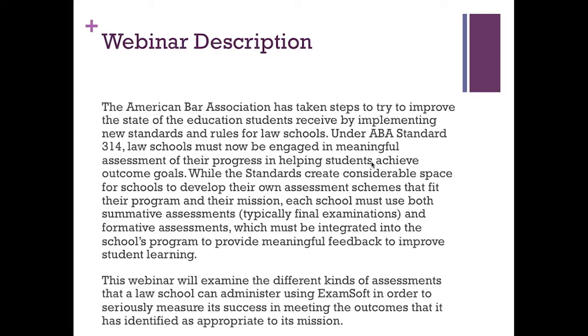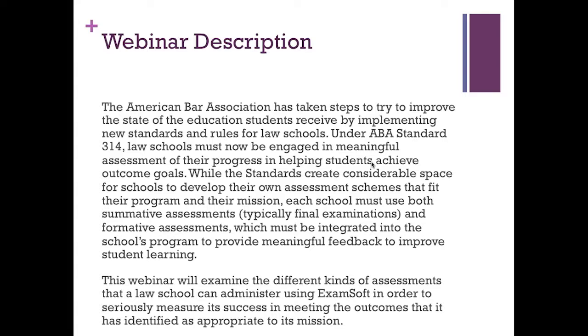And regarding the ABA standards, it can be a bit scary because it is vastly different from what some of us may be used to, because as law faculty, we are so used to conducting classes in the same way that we were taught.